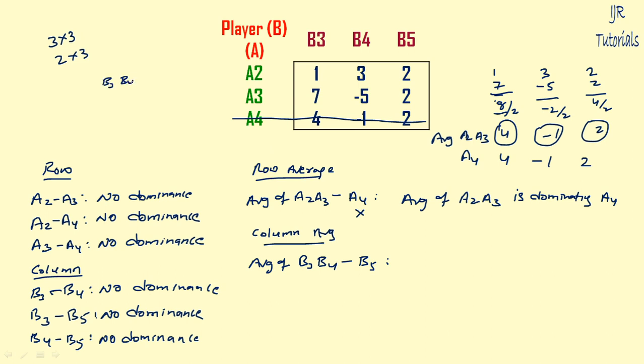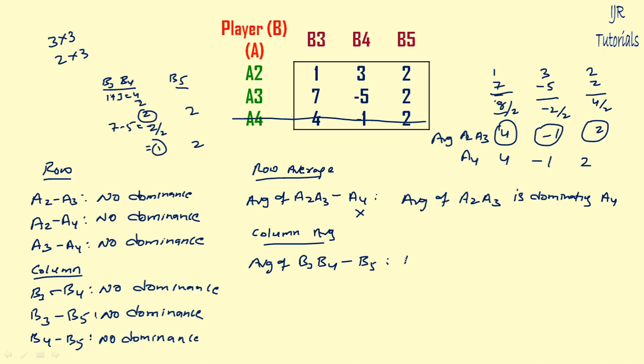For the B3, B4 average, 1 plus 3 is 4, 4 by 2, that is 2. Next case, 7 minus 5 is 2, divided by 2, that is 1. The new numbers are 2 and 1, and here B5 is 2 and 2. If you compare the average of B3 and B4, 2 and 2, next one 1 and 2, the first one is 2 and 2, both are the same, and 1 and 2, 1 is dominating 2.